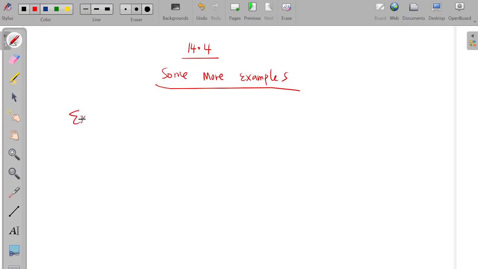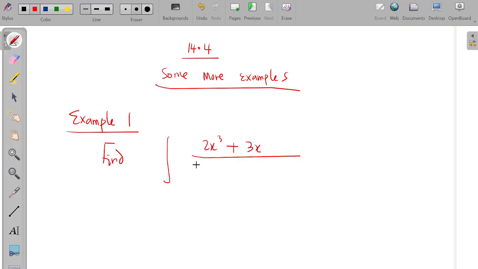So example one, we want to find the integral of (2x^3 + 3x) all over (x^4 + 3x^2 + 7) raised to the power 4, dx.